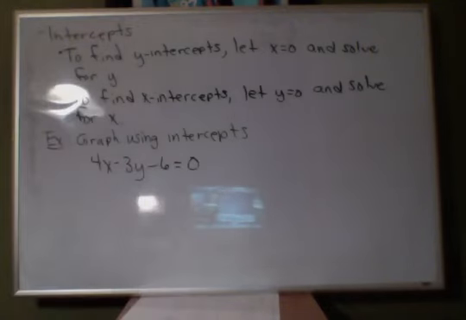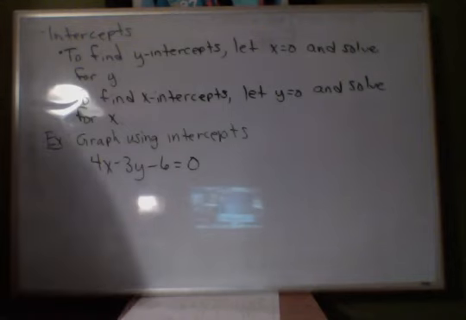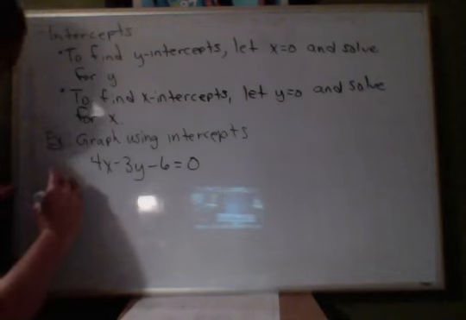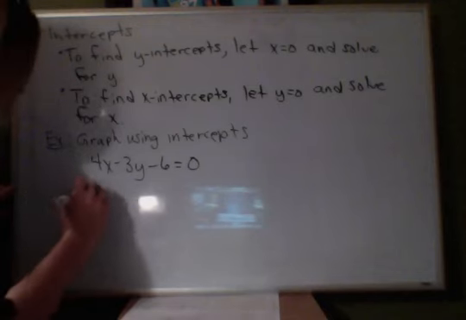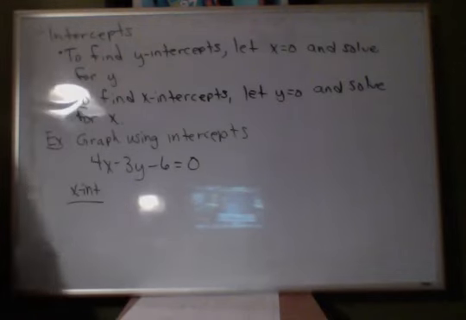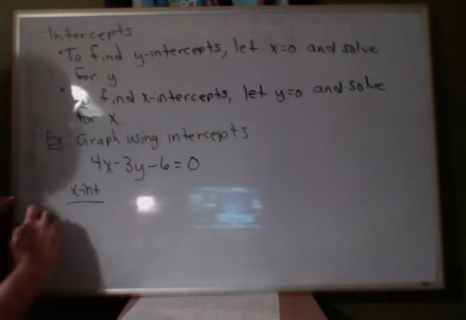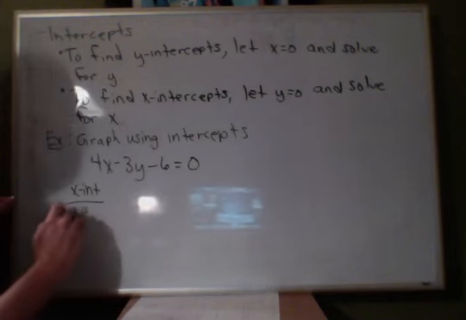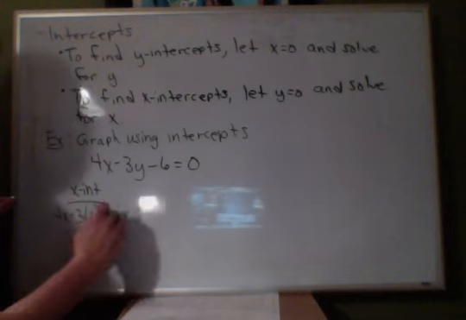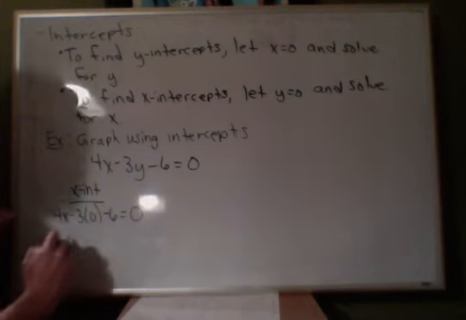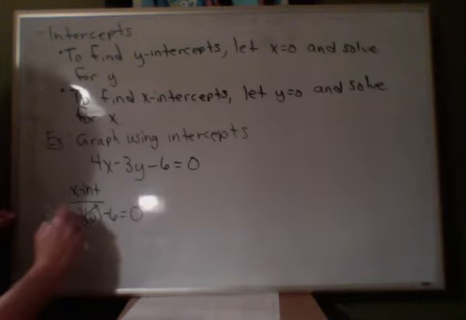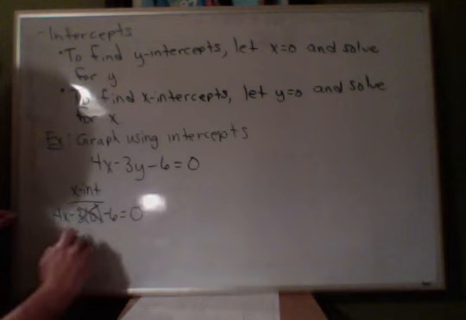So you can see that this equation is in general form. A lot of times I'll put x-intercept so I know exactly what I'm finding here. So I'm going to let y equal 0. So I'm going to have 4x minus 3 times 0 minus 6 equals 0. 3 times 0 is just 0, so that's gone. 4x minus 6 equals 0.